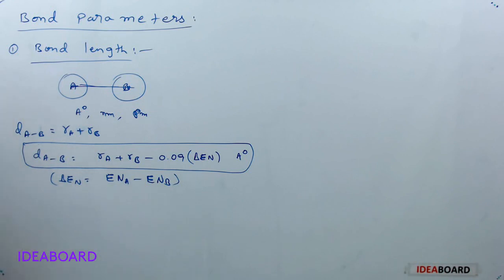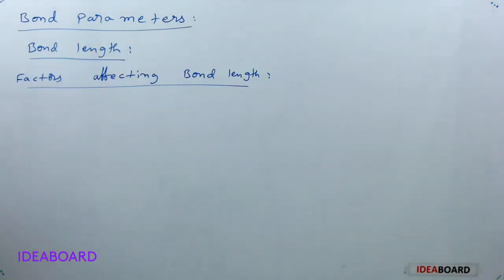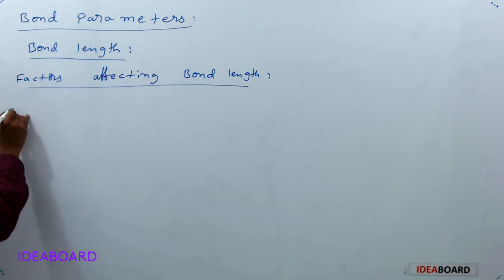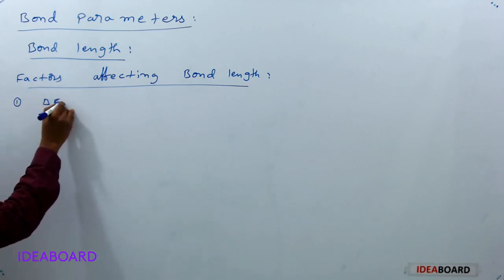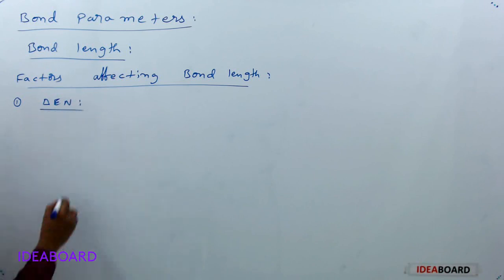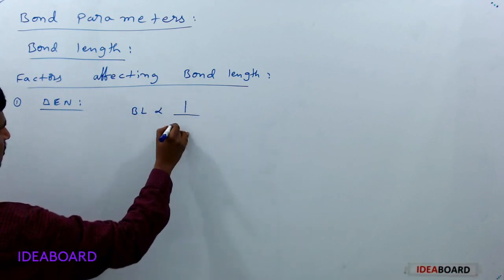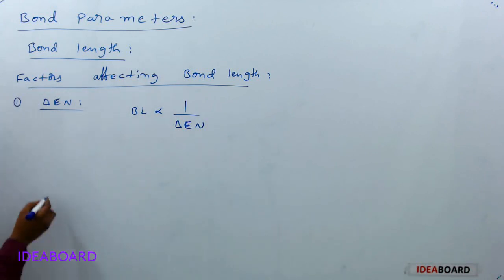Now there are some factors which influence bond length. The next topic is factors affecting bond length. The first point is delta EN, the electronegativity difference. Here I will directly give the relation: bond length is inversely proportional to the electronegativity difference of the bonded atoms.